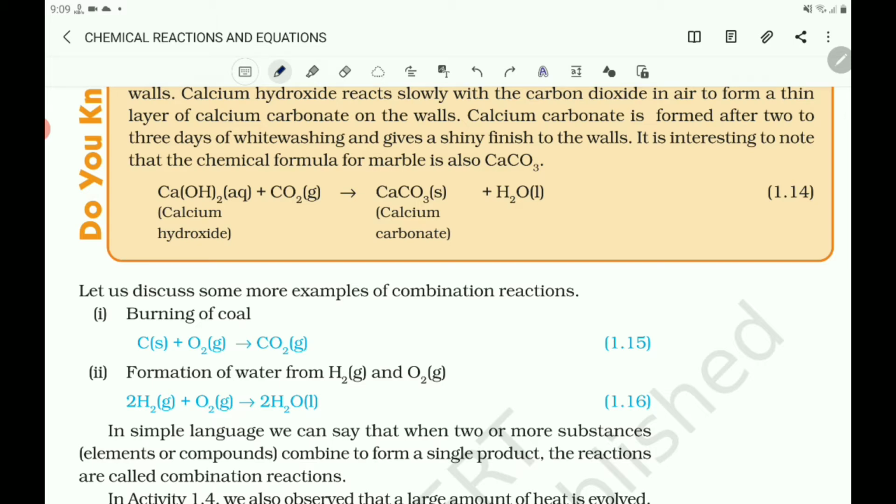So here when two or more substances, which may be elements or compounds, combine to form a single product, this type of reaction is called combination reaction.